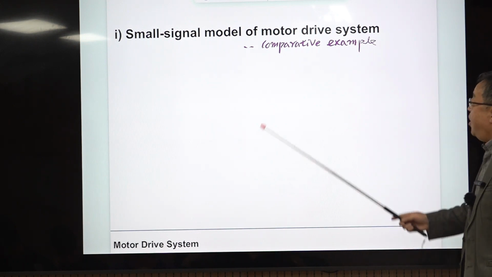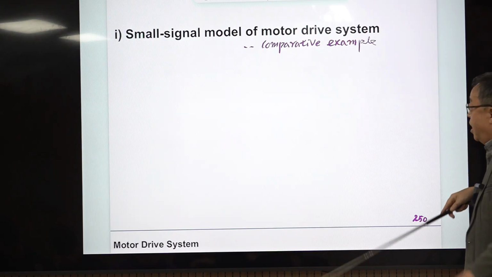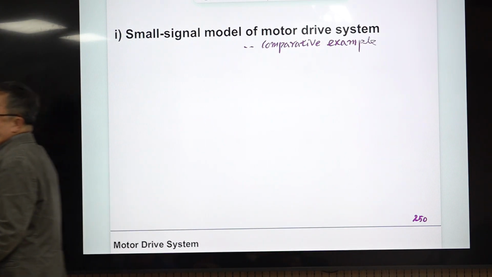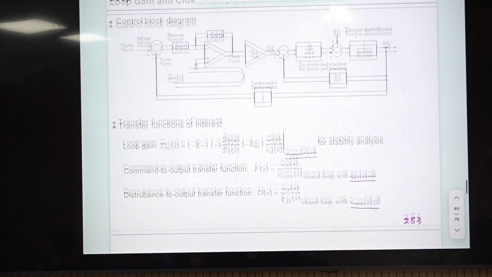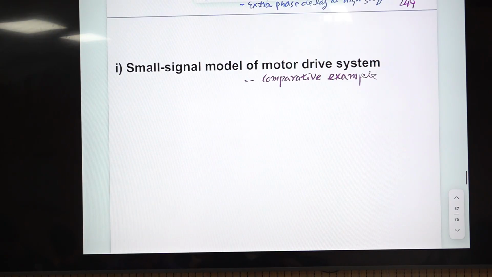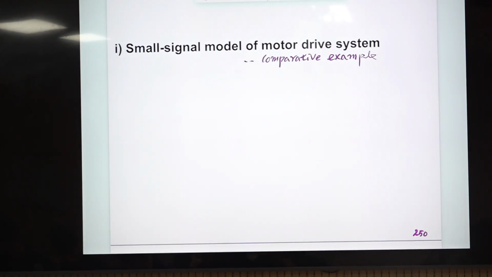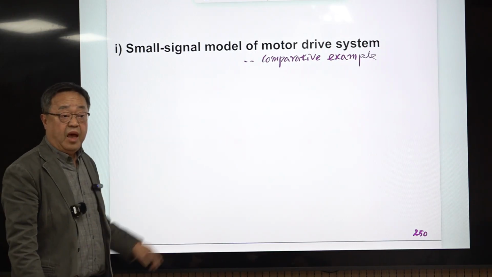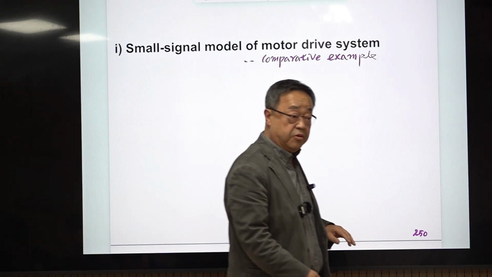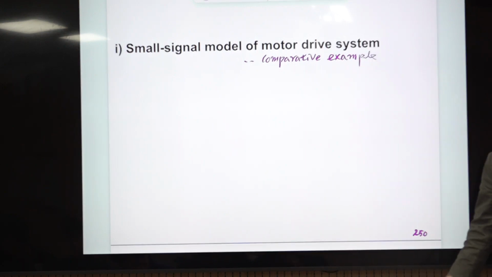So I prepared this. This is the small signal model of a motor drive system, and later on I will present the small signal model of the converter. The purpose of doing this is that I'd like to use this as a comparative example. So I'll explain the similarity between them and also the dissimilarity between them. A long time ago, when I was studying this for the first time, I got confused.